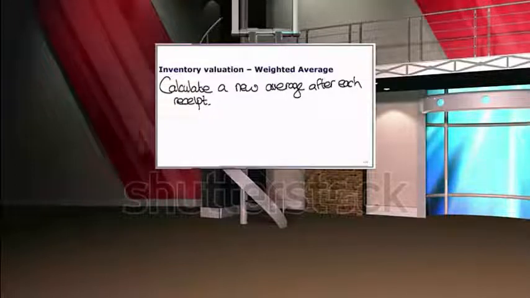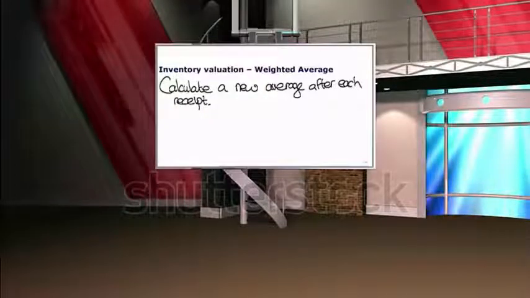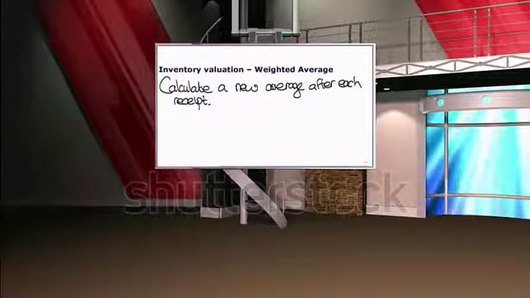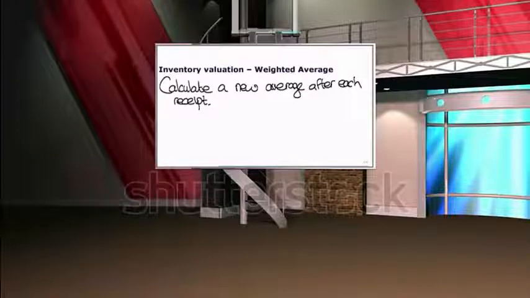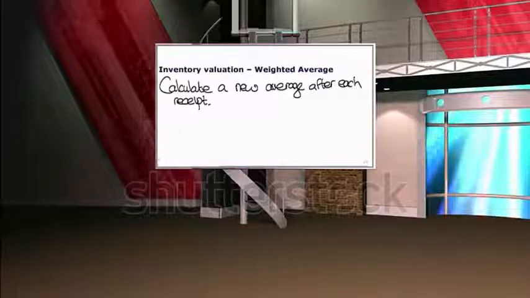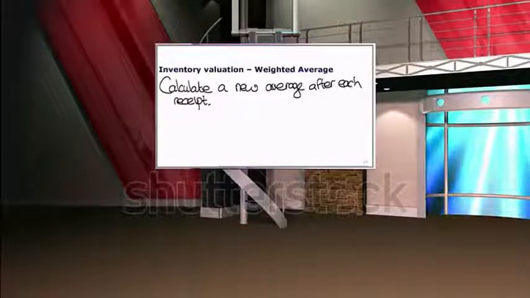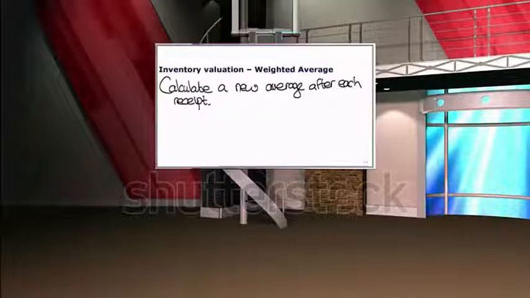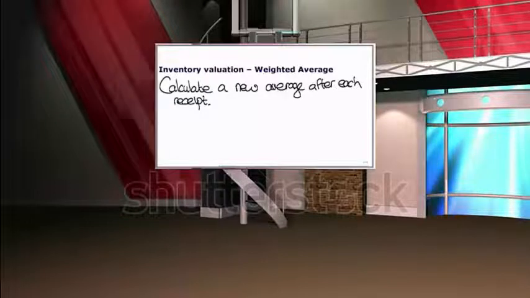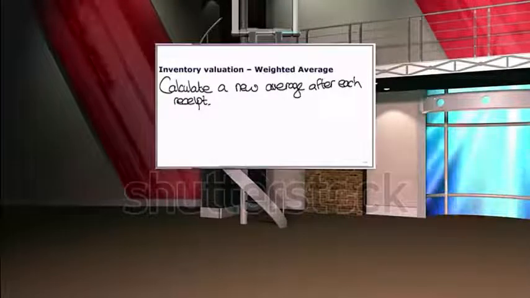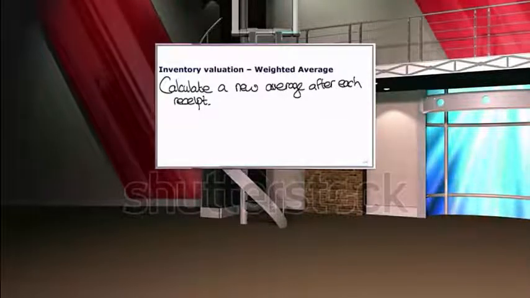So our average cost of inventory will only change each time we buy new inventory from our supplier at perhaps a different price to the price we paid last time. So the only time we have to calculate a new average is after we have received new inventory from our supplier. So let's have a look at a question.